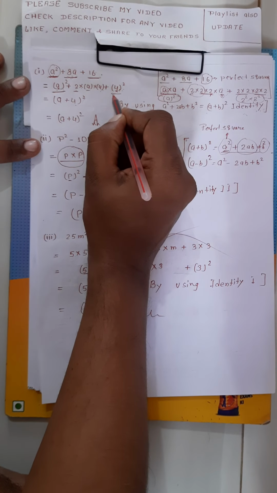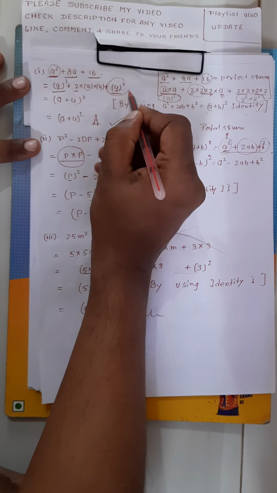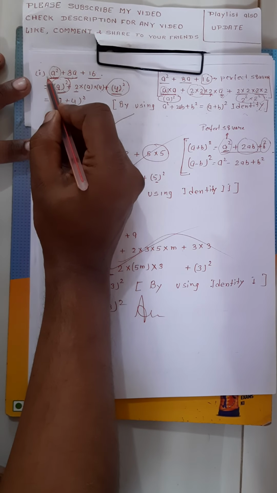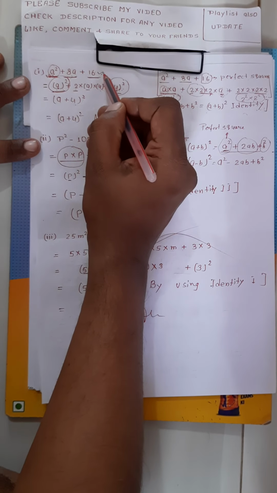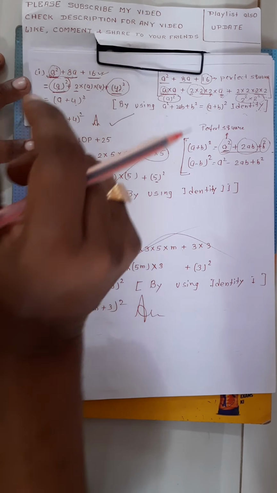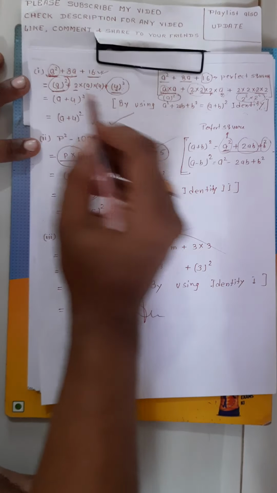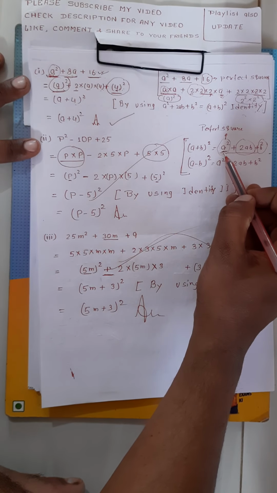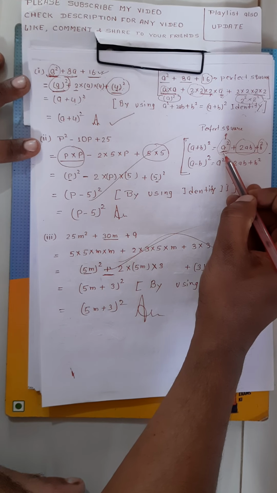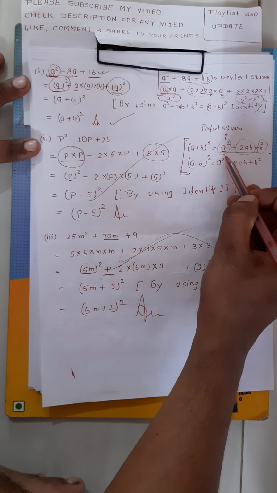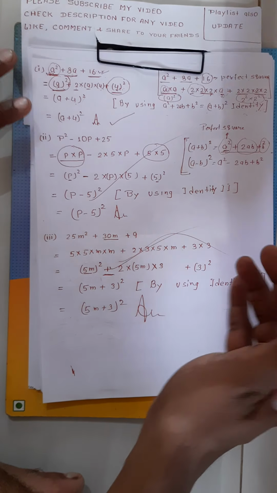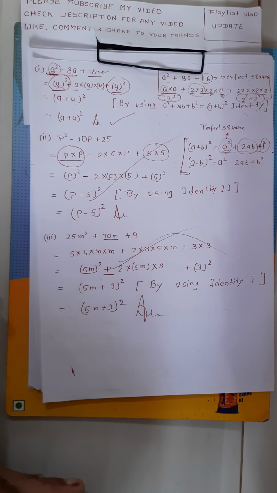That means we have got two terms of perfect square. This term is a perfect square, this term is a perfect square. So the first condition of this expression fulfills identity first or second.